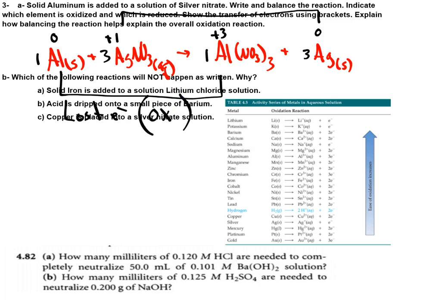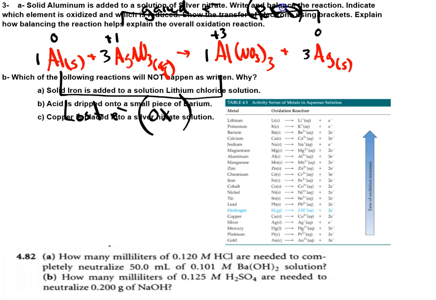Okay, so from 0 to +3, you're moving away from negative, which means you lost your negatives. Ag goes from a +1 to a 0, or closer to negative, which means it gained an electron, which means it is reduced.